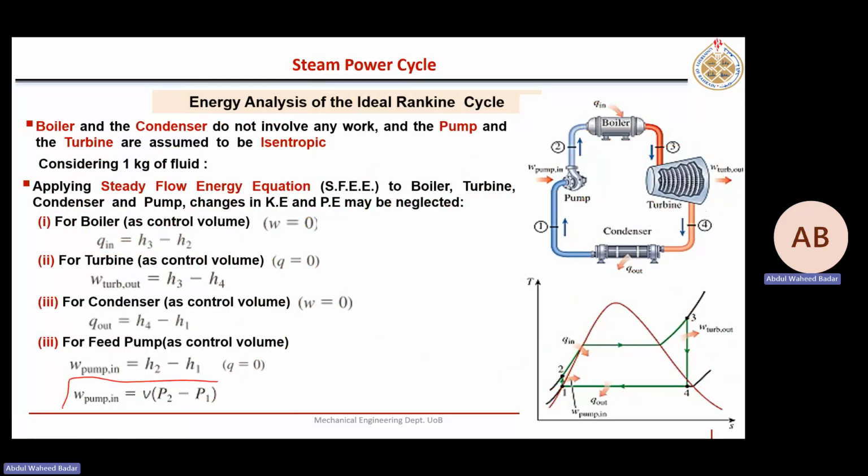There is the work of the pump, where H1 is nearly equal to Hf and V is V1, which is equal to Vf at that pressure P1. Okay, let's move.